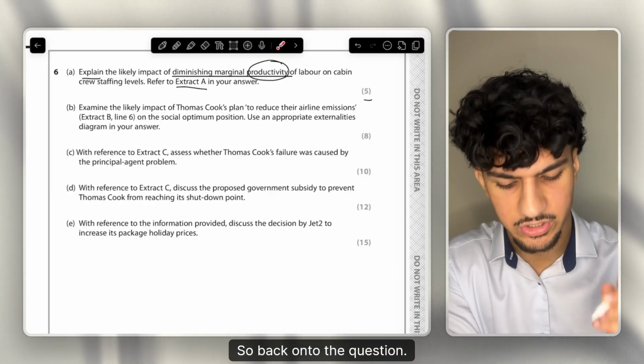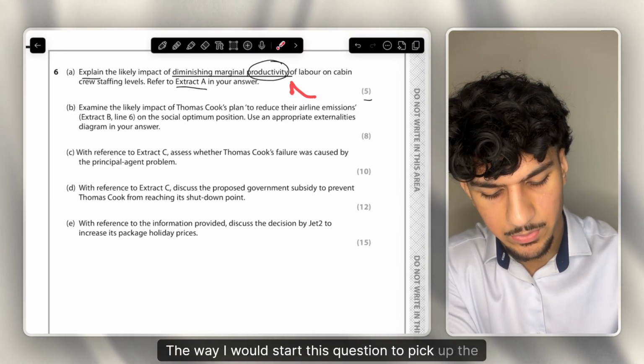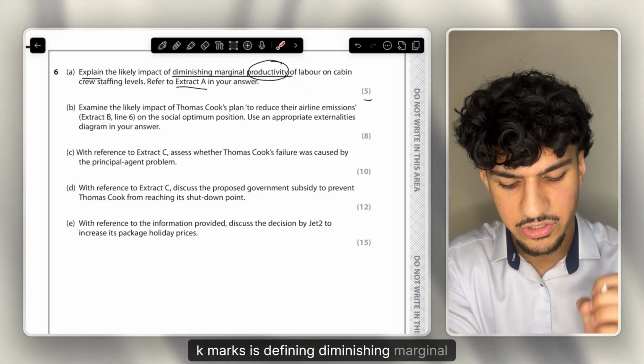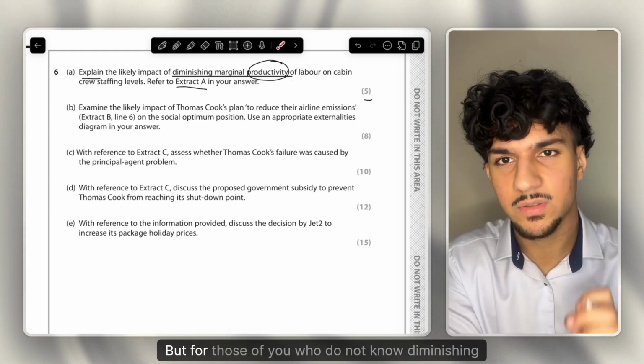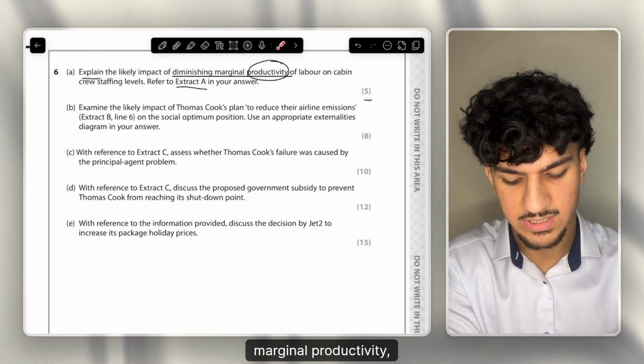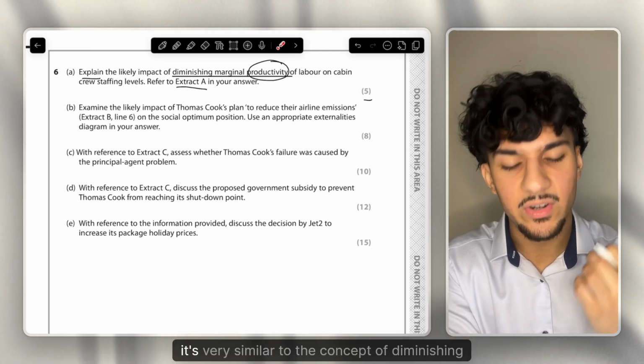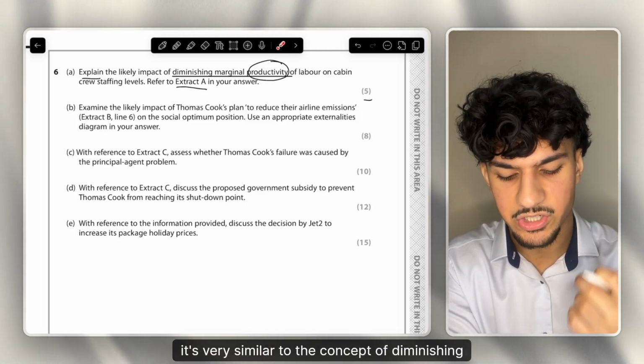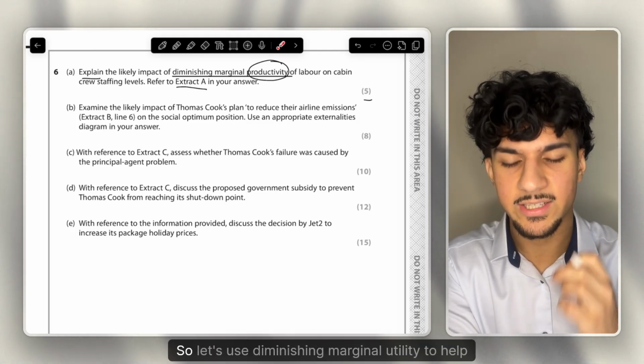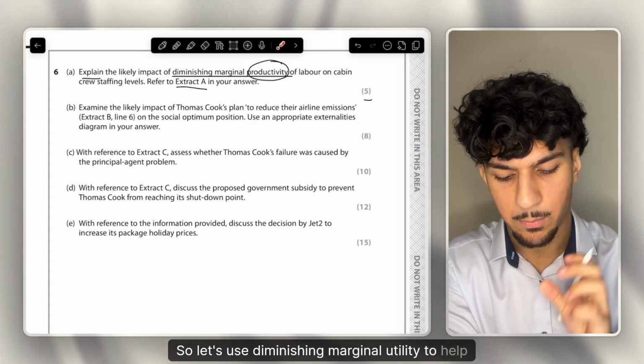So back onto the question. The way I would start this question to pick up the K marks is defining diminishing marginal productivity. For those of you who do not know it, it's very similar to the concept of diminishing marginal utility. So let's use diminishing marginal utility to help find the definition.